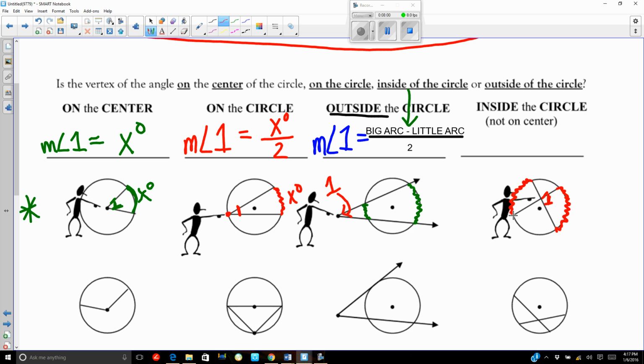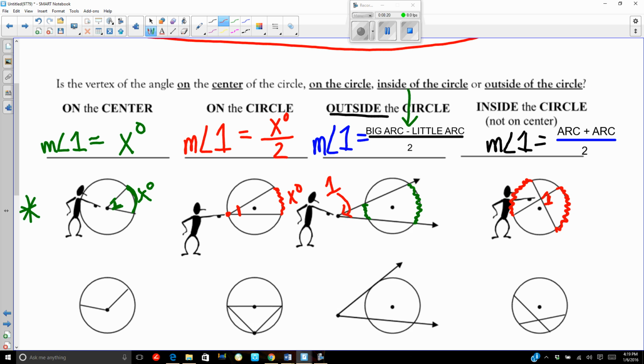So to find the measure of angle 1, this is the formula. So it's the 2 arcs added together divided by 2. So the formulas are very similar. The only difference is one has an addition sign and one has a subtraction sign.